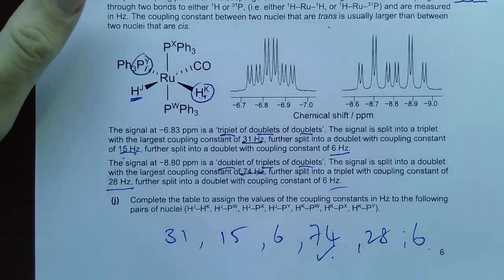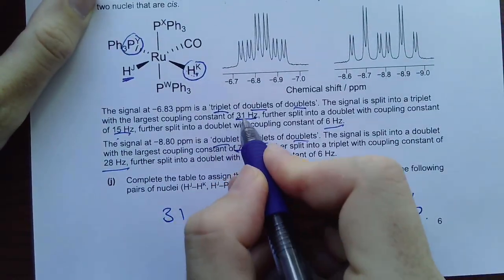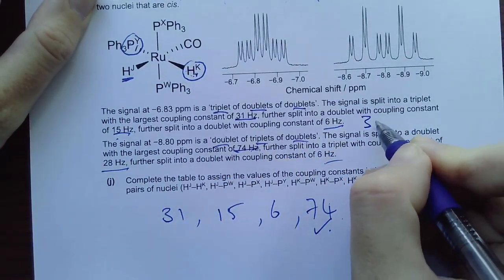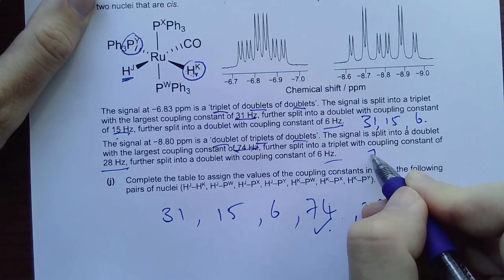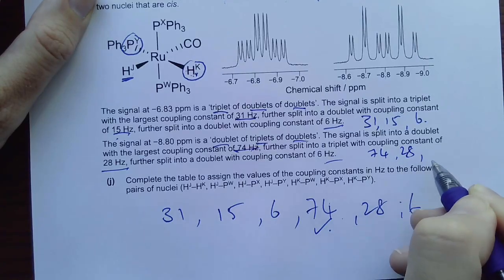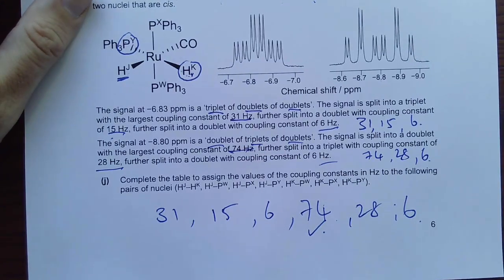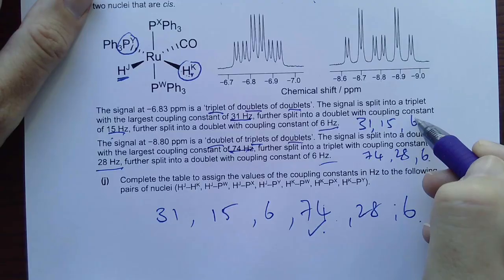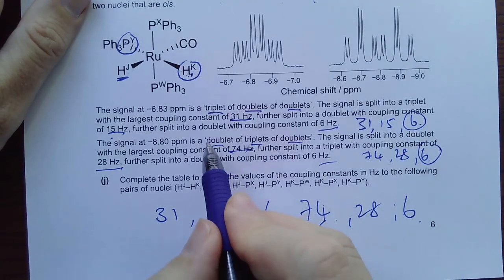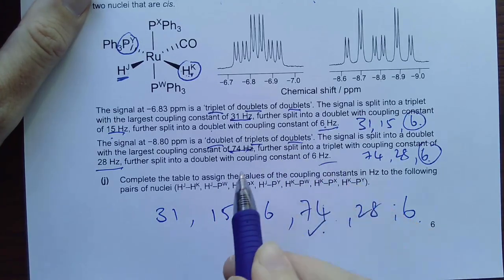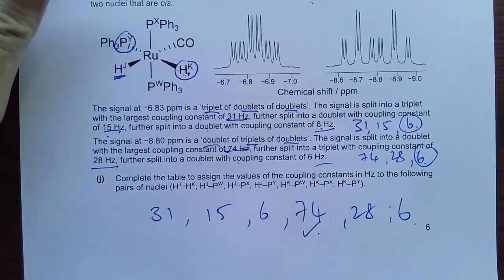Well, if I split them up, this one is 31, 15, and 6, and this one is 74, 28, and 6. So we notice that in both cases there is a 6. So we have a doublet with coupling constant of 6 and a doublet with a coupling constant of 6.